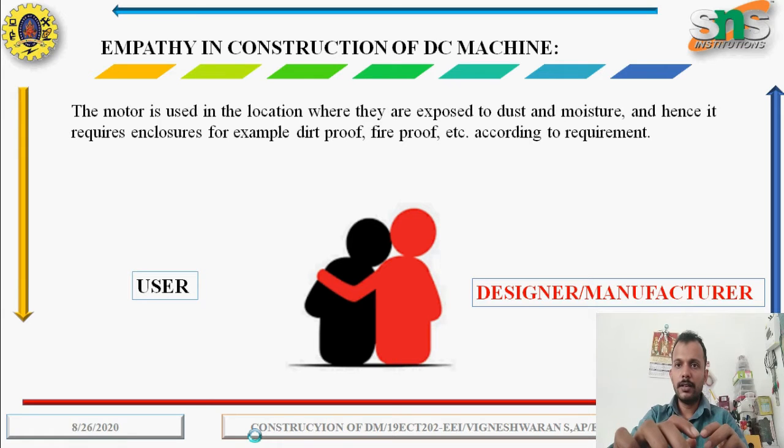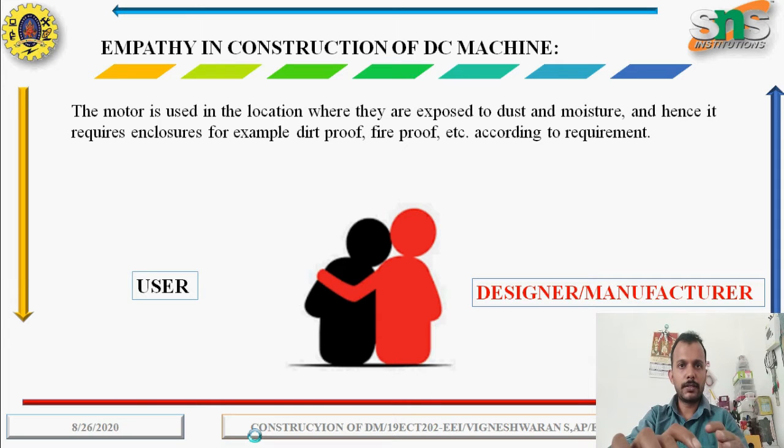We have seen that a motor has an enclosure to protect against dust and moisture, to ensure the safe operation and efficient working of the DC machine. We have to ensure the enclosure is properly designed to make it dirt proof, fire proof, and according to the requirement of the user.